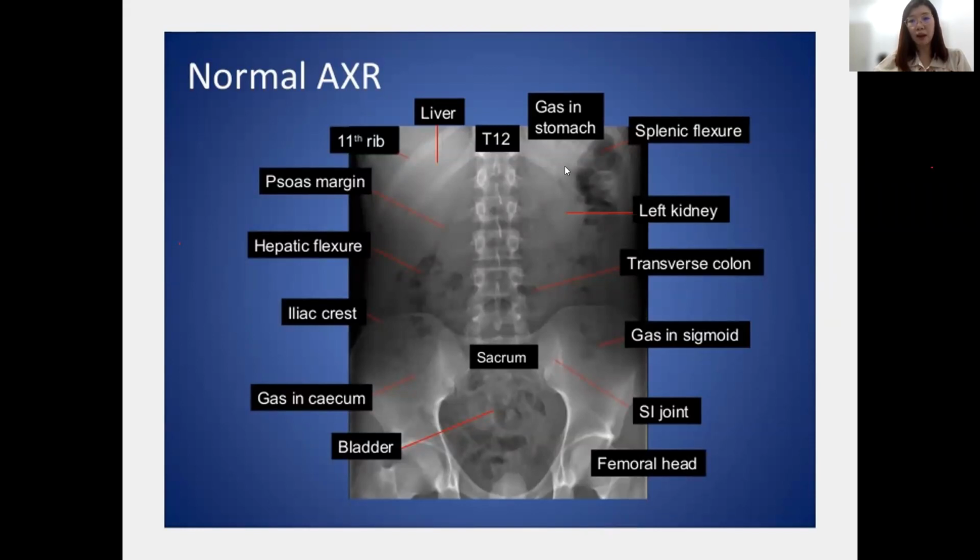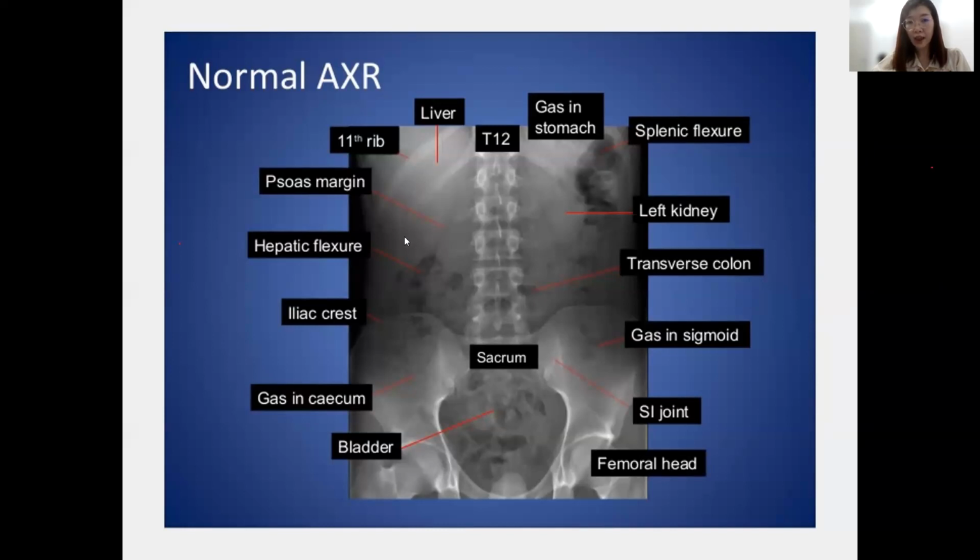After looking at the bowel shadow and gas pattern, next, find any extraluminal air. The air will appear as lucency, blackish on X-ray, and you have to find if there is any abnormal air outside the bowel lumen, okay? Sometimes you will see air in the portal vein, where you see lucency overlapping with the liver shadow here, or sometimes air surrounding the kidney in emphysematous nephritis.